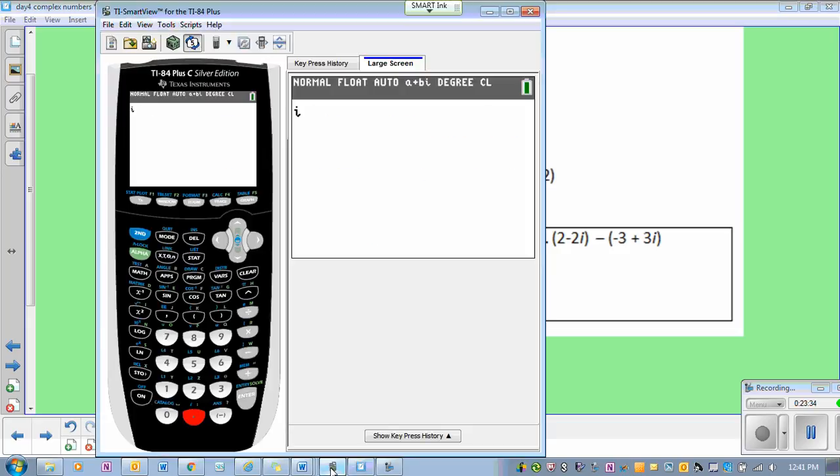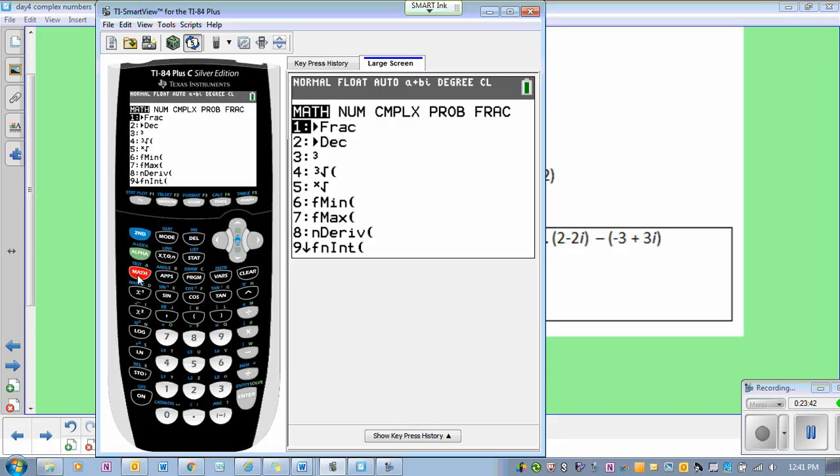Put in i, second decimal. Oh wait, hold on. No, let's do this. I'm sorry. Go to math. Sorry, I'm going to do it this way. Math, number. Go to something called i part.